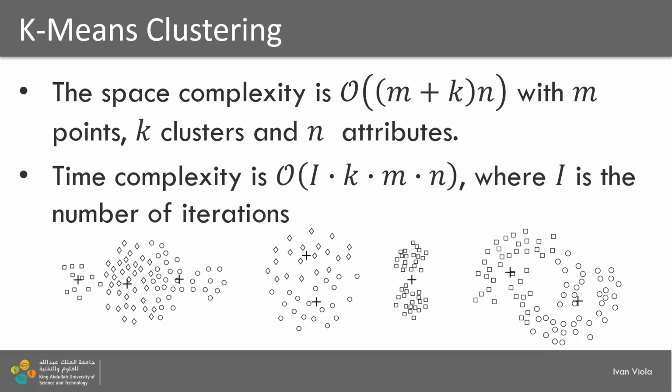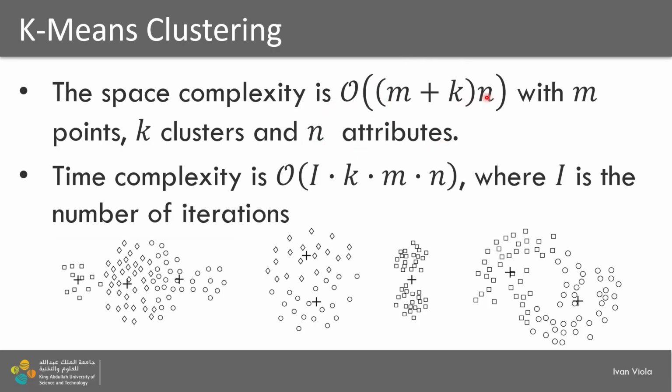Overall, k-means clustering has modest space and time complexity requirements. Here m is the number of points, so it scales linearly with the number of points. The space complexity is also affected by the k clusters, and it is scaled by the n attributes.